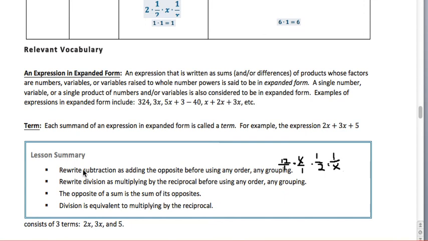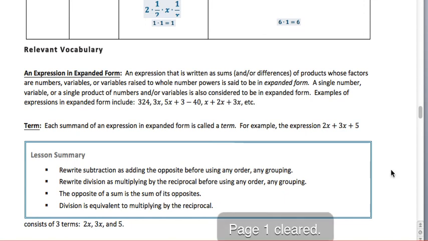So we can rewrite subtraction as adding the opposite before using any order, any grouping, and we can rewrite division as multiplying by the reciprocal before using any order, any grouping. Remember, you have to change the subtraction and the division to addition or multiplication before you can use any order or any grouping.